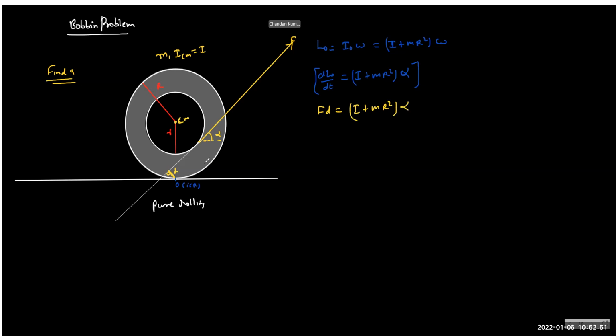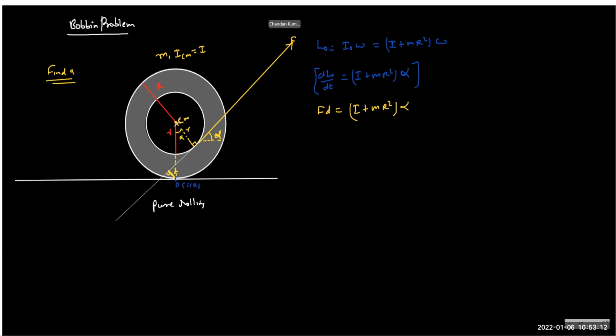Now the question is how to find D. Finding D is again a geometrical problem. If this is alpha given to you, you will realize this is also alpha.